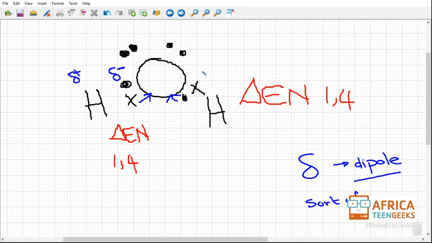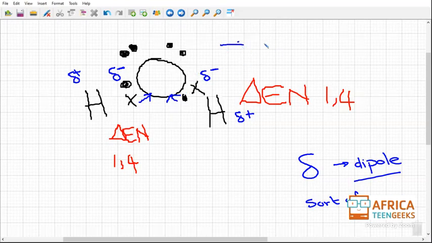And the same thing happens here. This side of this bond becomes sort of negative and this side of the bond becomes sort of positive. And now I have a positive part in my molecule and I have a negative part of my molecule.